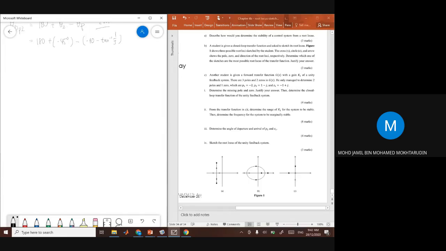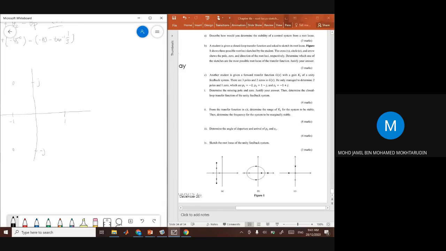Okay, question number 4, sketch the root locus. Okay, sketch the root locus. You have one pole here, minus 2. Here, the zeros.